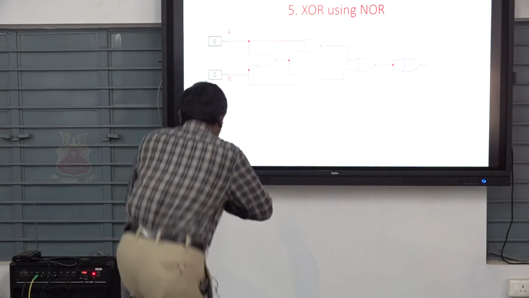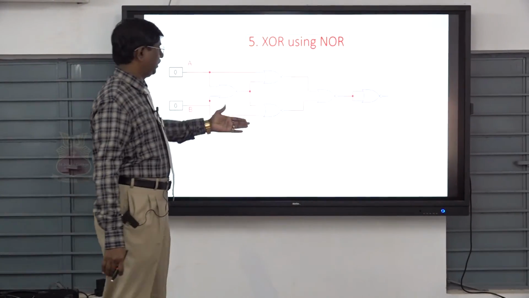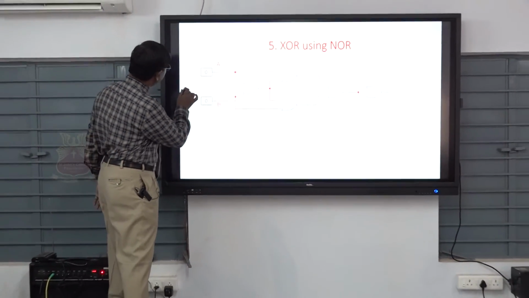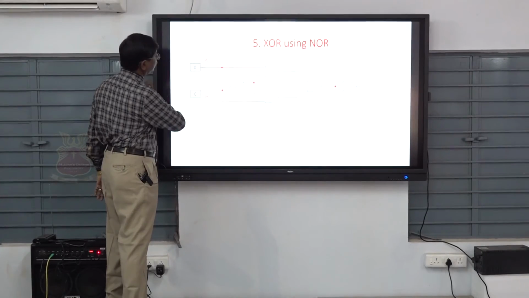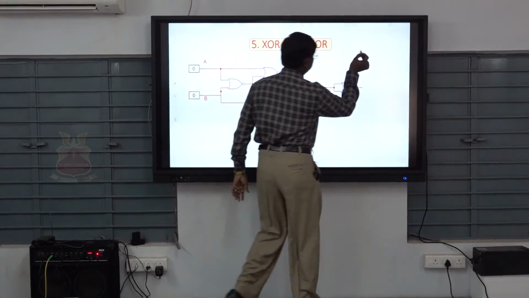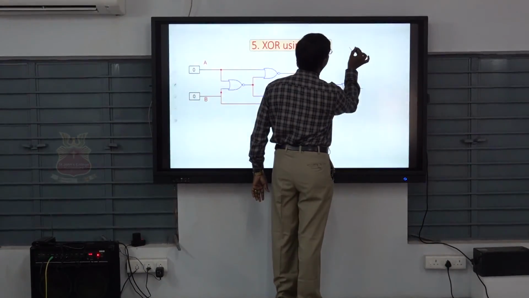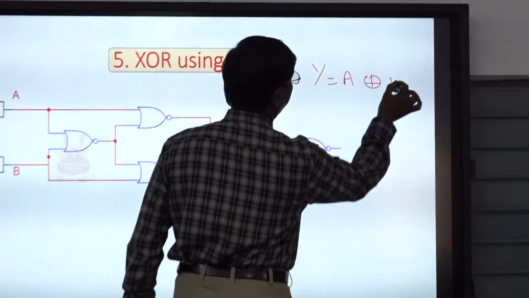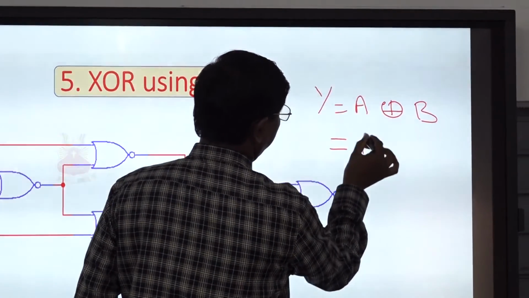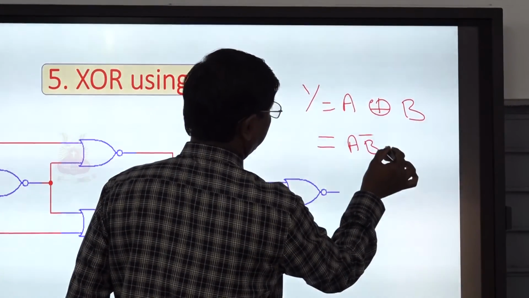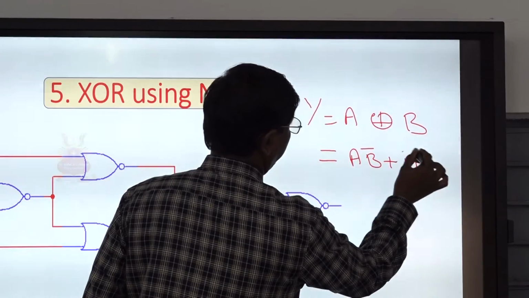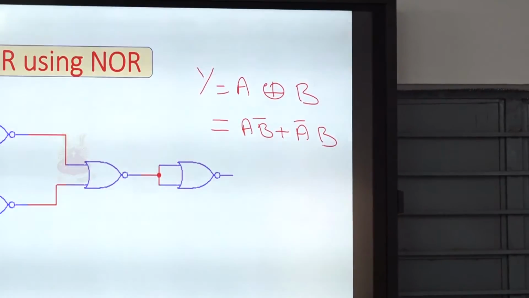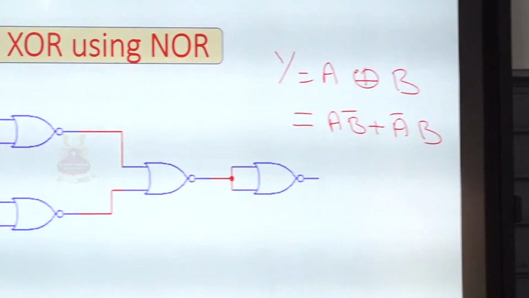So in the case of circuit construction also, definitely it will involve more number of gates, okay? Because XOR function is like this. When you say Y is equal to A XOR B, that implies A B bar plus A bar B. There are two AND terms combined by an OR term.